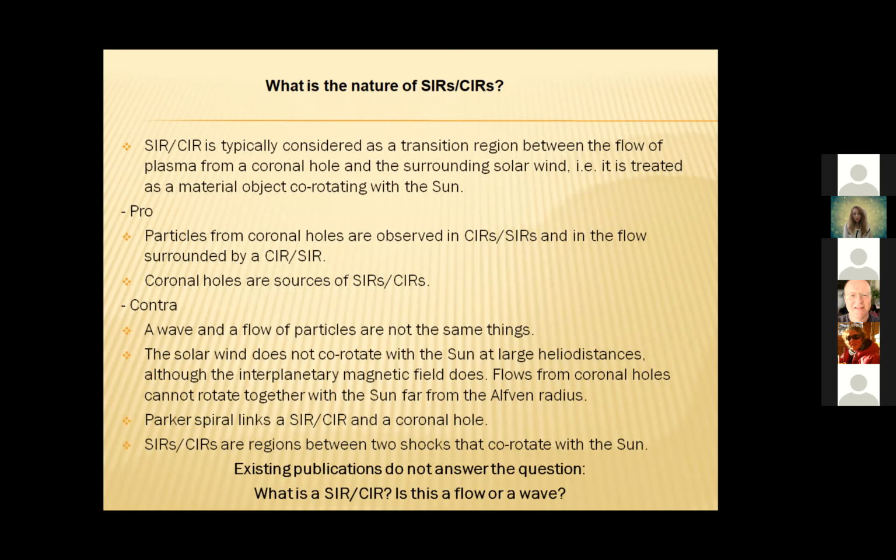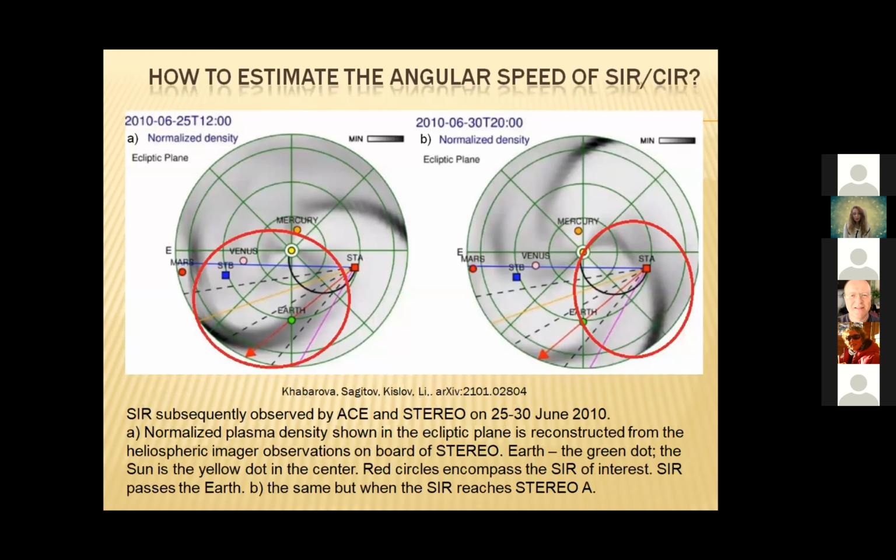To answer this question, we first find the angular speed of the stream interaction region. The large-scale angular speed of a stream interaction region can be calculated as the time difference of arrivals of the stream interaction region front to two satellites.